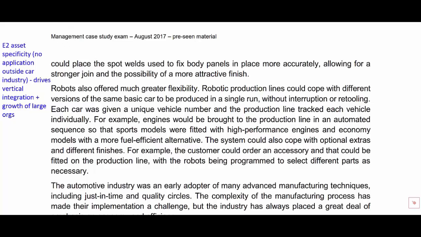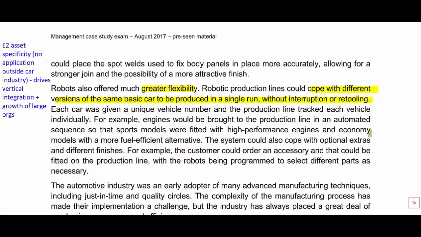So I talked about the fact that you have greater flexibility as well with the robots, and that leads to greater ability to customize vehicles, which is becoming ever more important, and it justifies as well offering vehicles for higher prices and aiding profitability. So they cope with different versions of the same car to be produced in a single run without interruption or retooling.